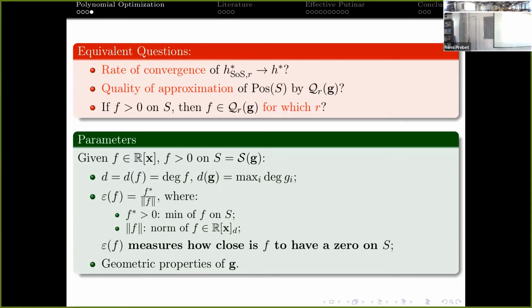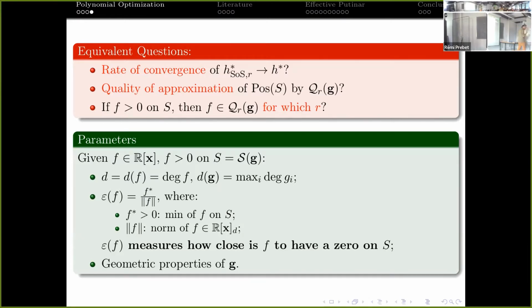In the univariate case, if you have a segment and you describe it in the natural way, the segment minus 1, 1, you describe it like 1 minus x squared, you don't have any problem, because you know that if f is strictly non-negative on minus 1, 1, then you have a representation that does not depend on f, so it's constant. Okay? Yeah, but that's the univariate.